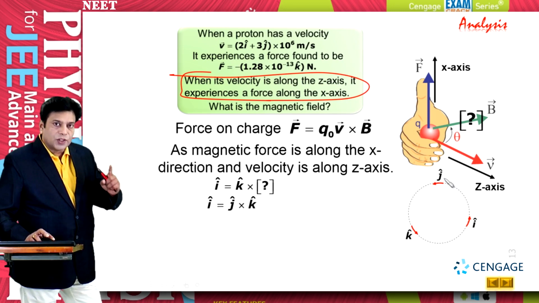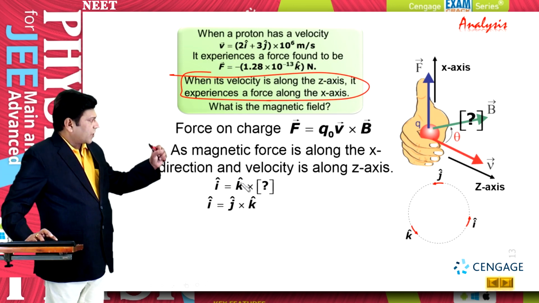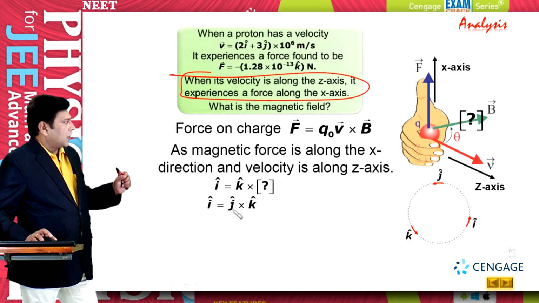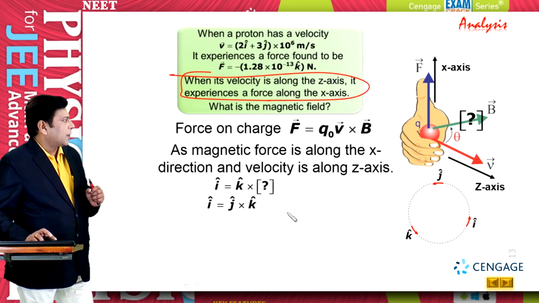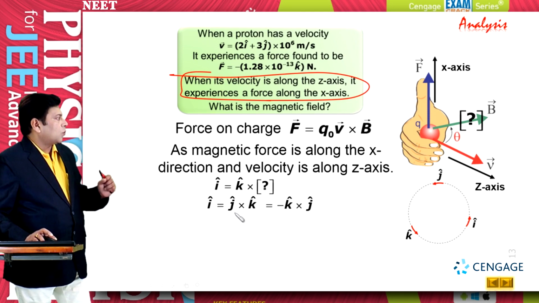The cross product of j and k will give the i value. But in our expression, k is written first. That means if we write first k and then j, we need to place a minus sign before the expression like this: minus k cross j equal to i cap.